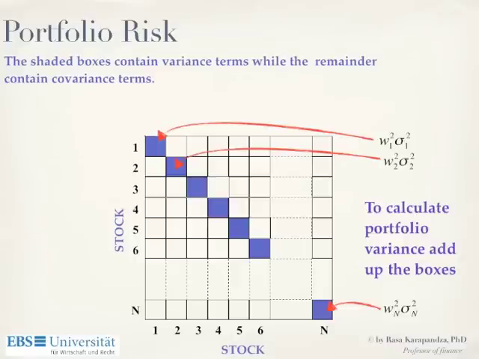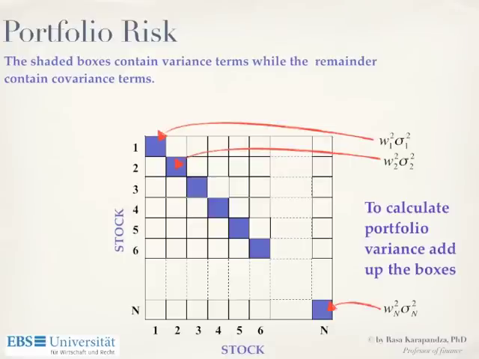Now the off-diagonal elements are also pretty simple. So what is this element going to be? The element in row 2, column 1. Well, this element is there to capture the co-movement of stock 2 and stock 1. This is why it's in the second row and column 1.